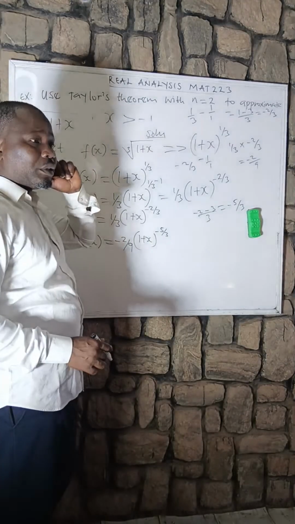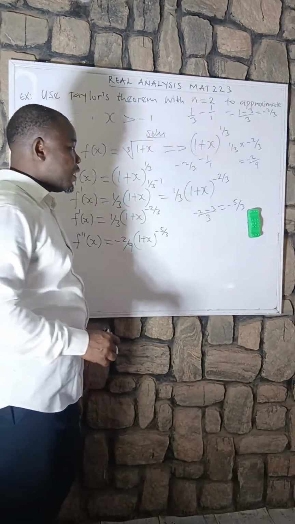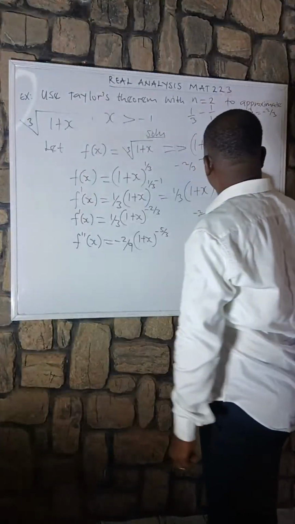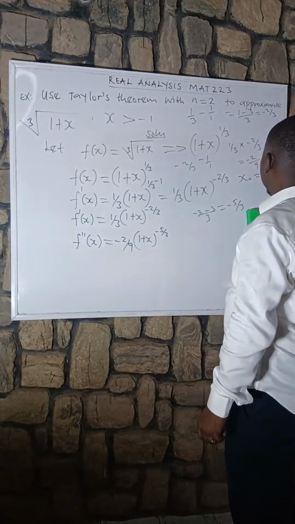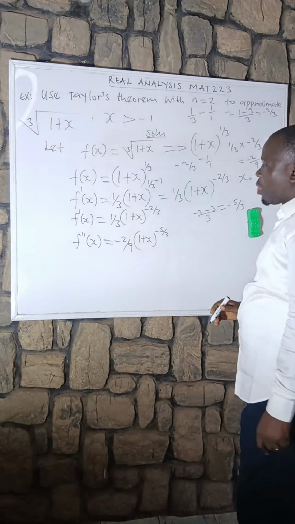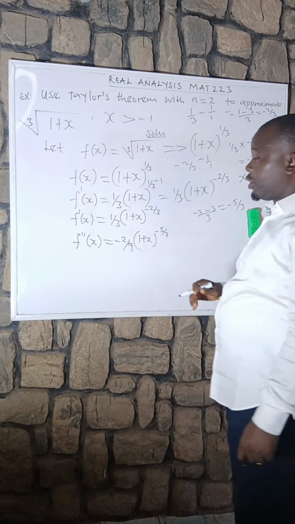So now, you know, the initial value x naught is always equal to 0. And the Taylor's theorem.